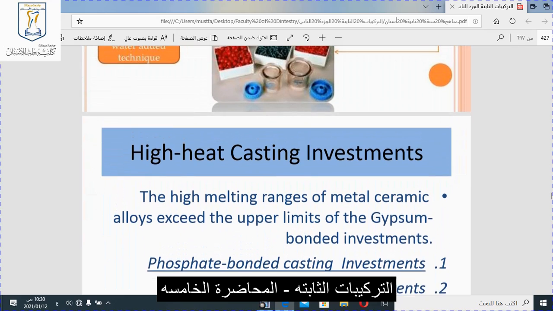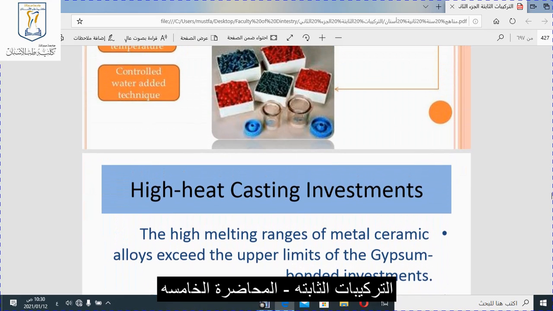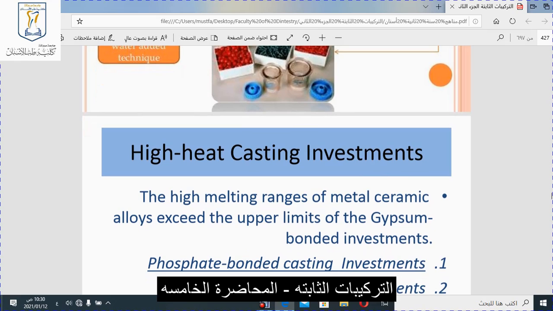In the case of casting, we have low heat casting and high heat casting. In the case of high heat casting, the high melting range of the metal ceramic alloy exceeds the upper limit of the gypsum investment. So high heat casting is specific for ceramo-metal alloy or base metal alloy, because the temperature is higher than the temperature which can be withstood by the gypsum bonded investment.